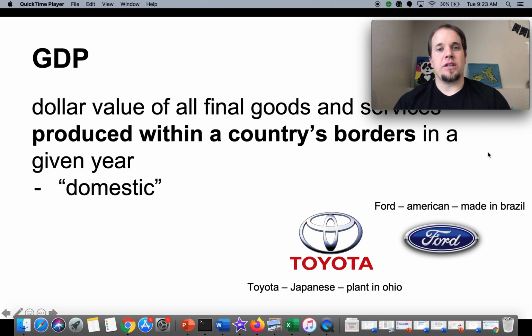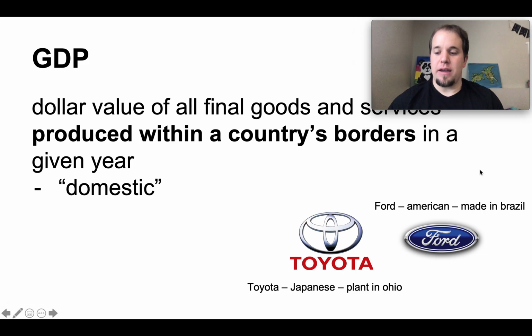So when the definition says produced within a country's borders, it is referring to anything that is built within the U.S. Even though Toyota is a Japanese company, if they have plants in Ohio producing their vehicles, those final Toyota vehicles are part of GDP. Versus Ford, if they have plants down in Brazil, those cars being imported into the U.S. are not considered part of GDP. It has to be within the borders.